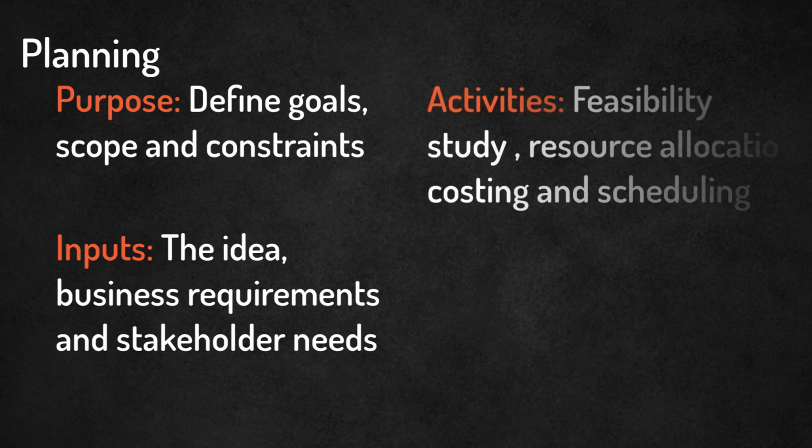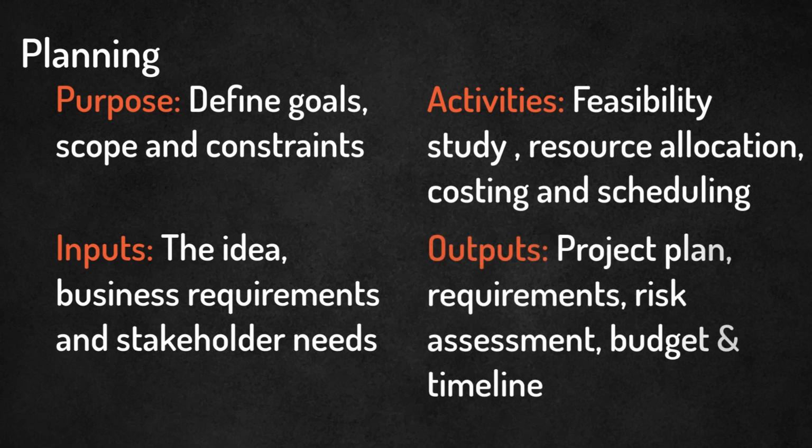When we look at the activity, we're going to be taking a look at feasibility studies, resource allocation, risk assessment, estimation of the costs, and scheduling. How long is this going to take? The outputs of this stage should be the project plan, a requirement specification, the risk assessment, budget, and timeline.